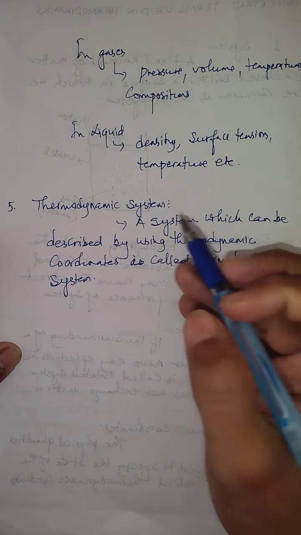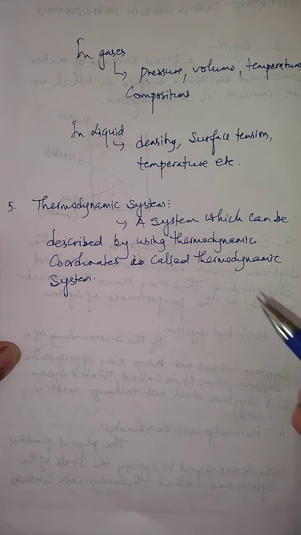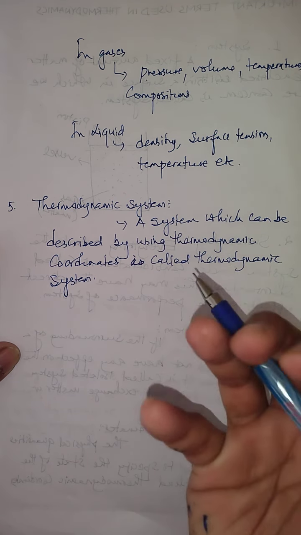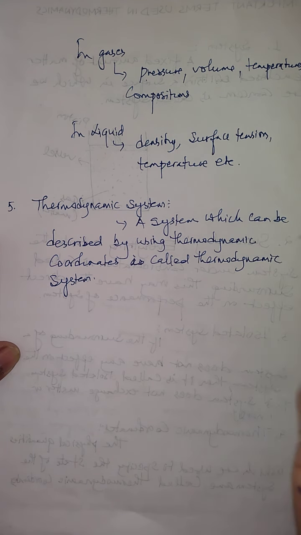For example, a gas is a thermodynamic system, because the gas is characterized as specified by pressure, volume, temperature. A liquid is also a thermodynamic system, and a solid can also be considered a thermodynamic system. So this is another term that we learned.